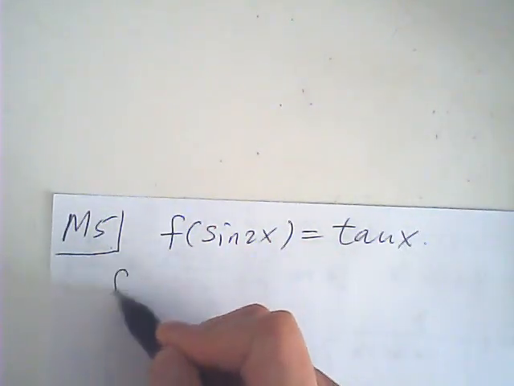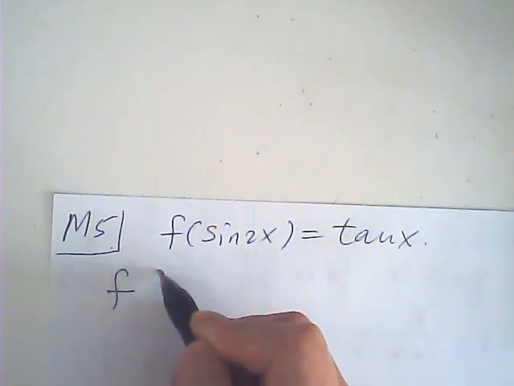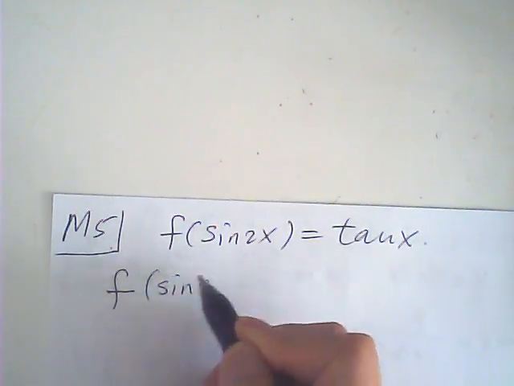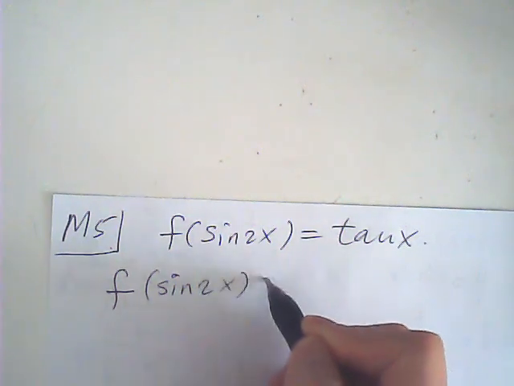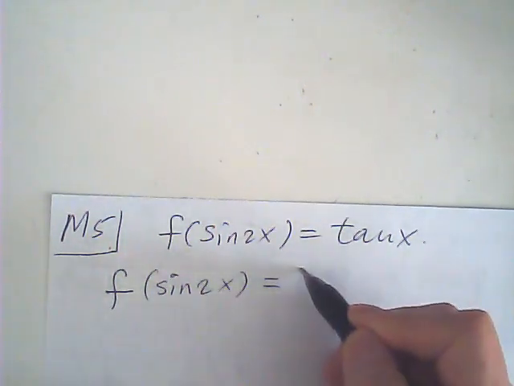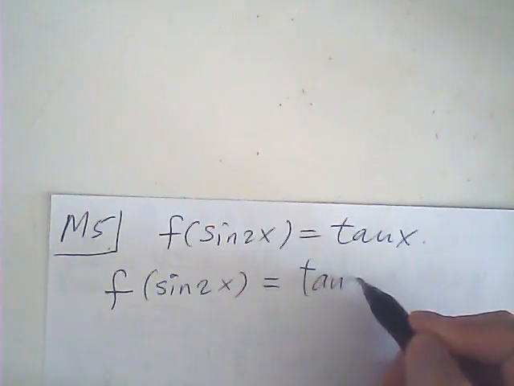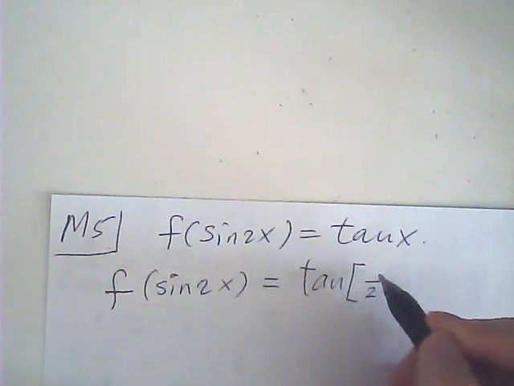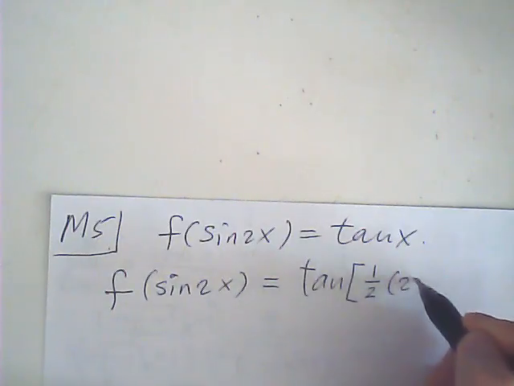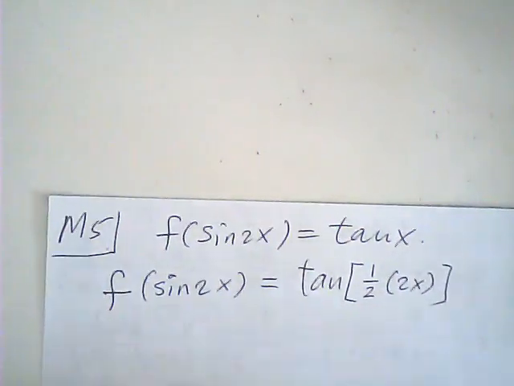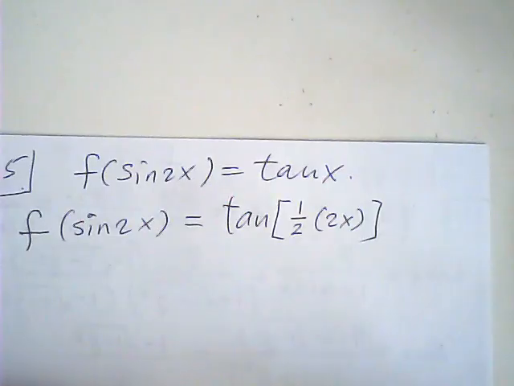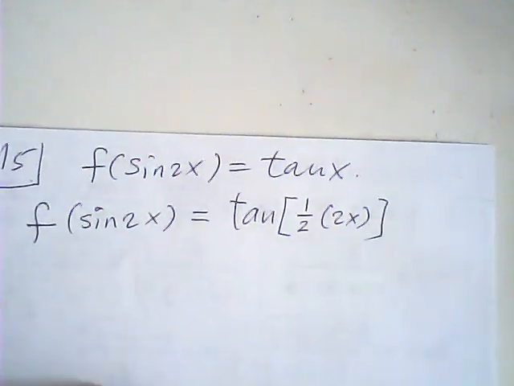So I do it this way. f of sine 2x is equal to tangent of 1/2 of 2x. Well, that is obvious. Then we use the formula.